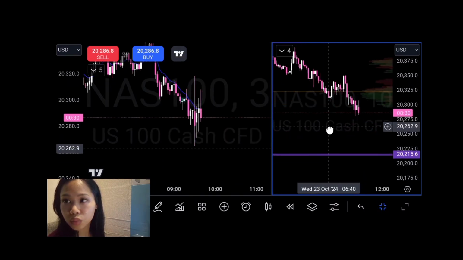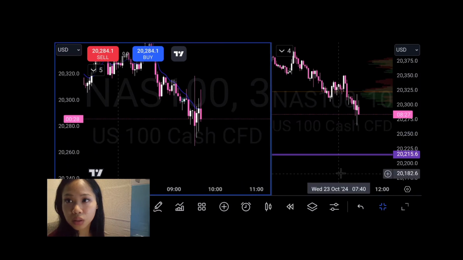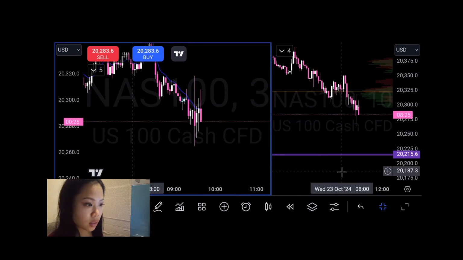We have 32 more seconds with a 3-minute candle to see if it's going to respect that EMA.